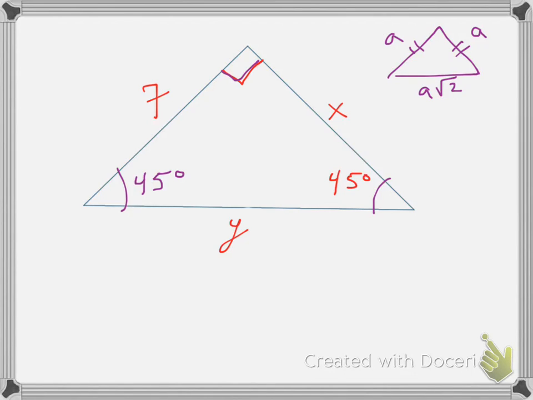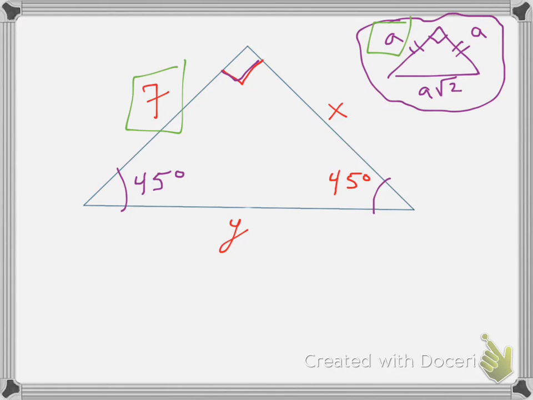Okay, so we have this picture in the back of our head, hopefully memorized in a couple of days. So what you want to recognize is that the 7 that we're given is in the same role as A. 7 and A match. So you know that X is going to have to be the same, because it's also A. And Y, which is the bottom side here, is simply whatever A is times the square root of 2.